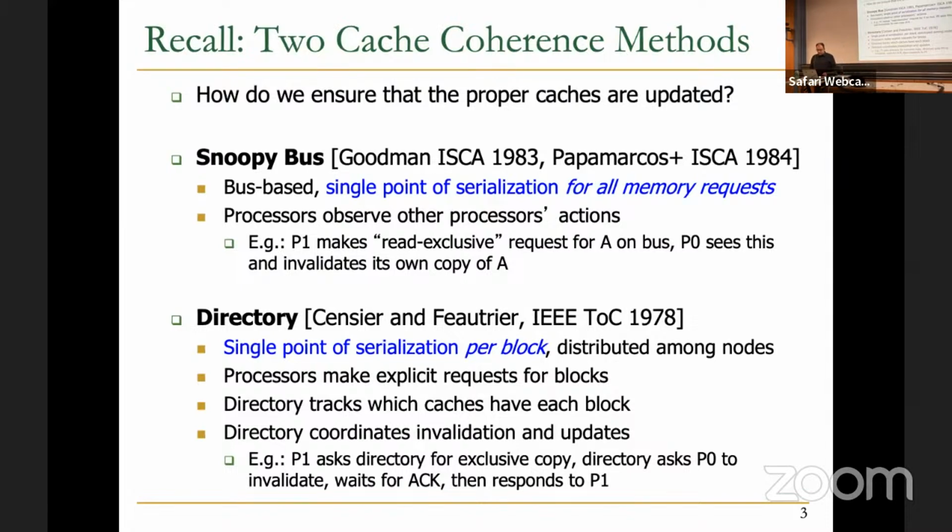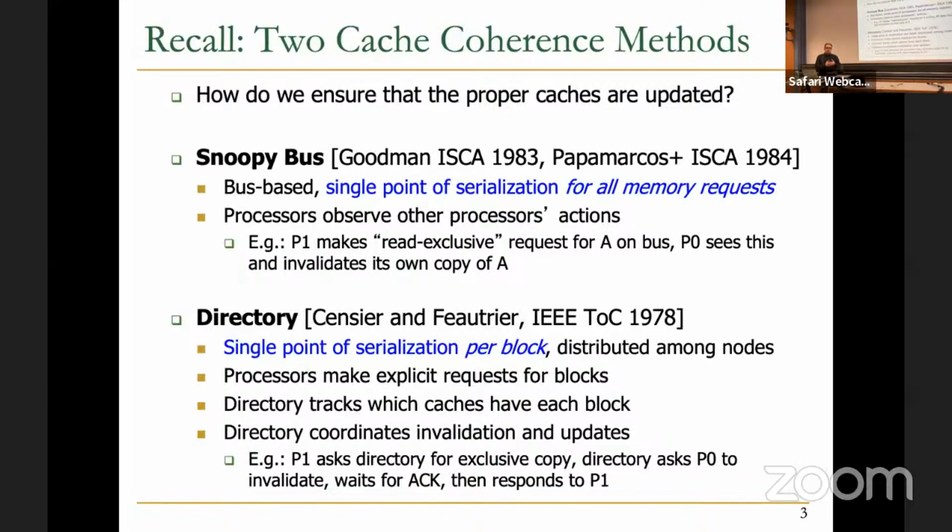That's why people also look into directory-based techniques, where you have a directory, which adds a step to the critical path. When you want to access your memory, you need to first consult the directory and get a response, and then based on that, you can do whatever is needed.